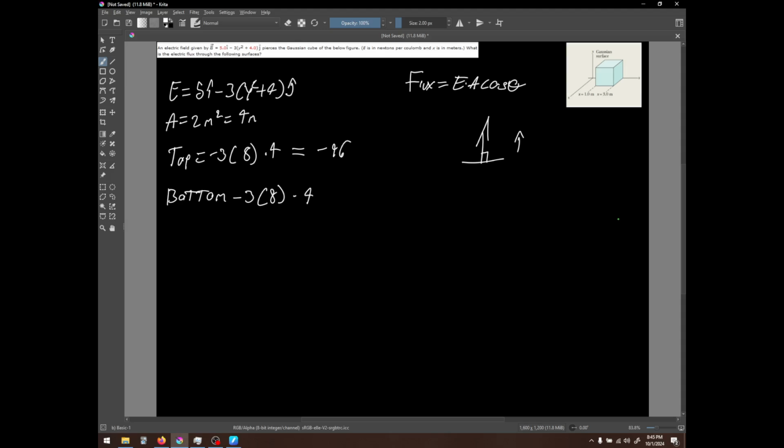That'd be 0. That's what I mean. And if that's 0, then everything in that is 0. But it can't be -96 again. And we just did the top face. Bottom face is the same. Same area. And same E.